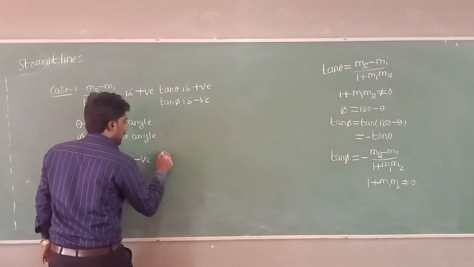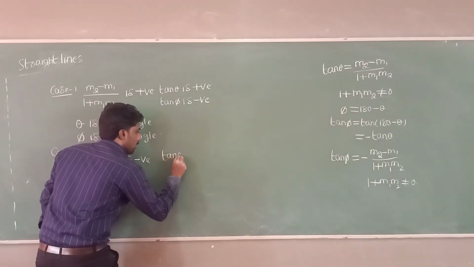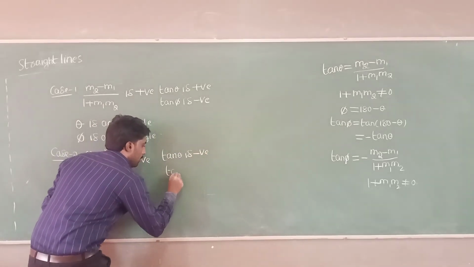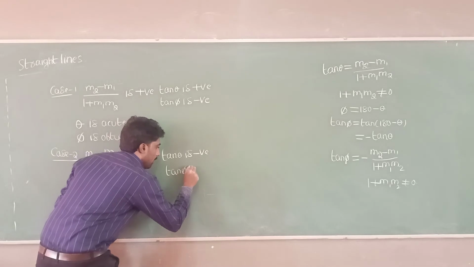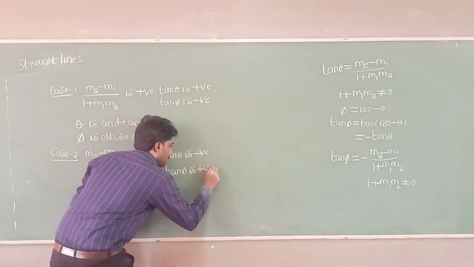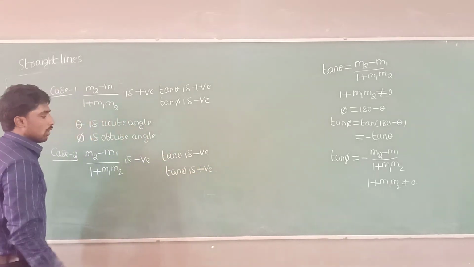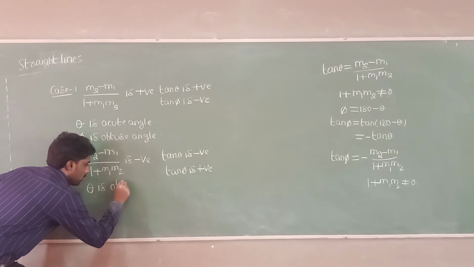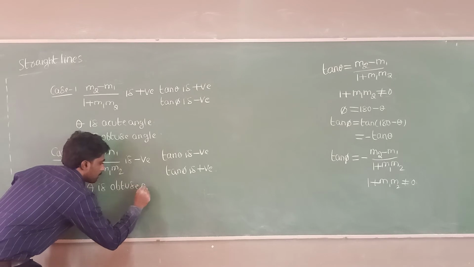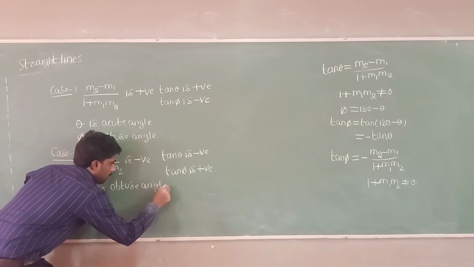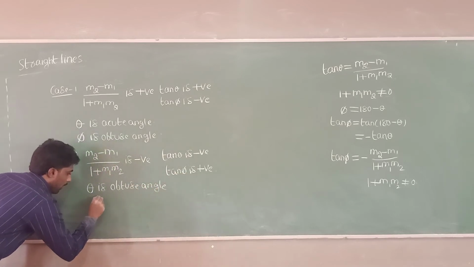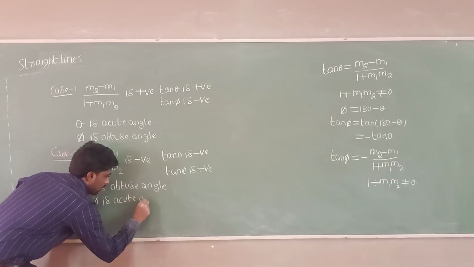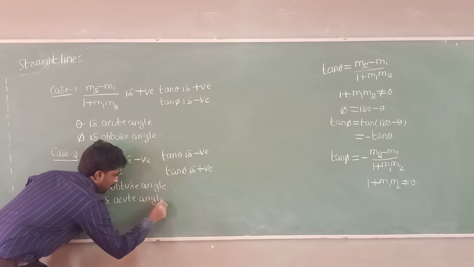So tan theta is negative and tan pi is positive. If tan theta is negative, theta becomes an obtuse angle. If tan pi is positive, pi is an acute angle. Is it clear for everyone?